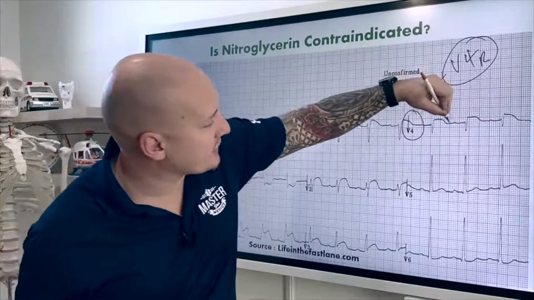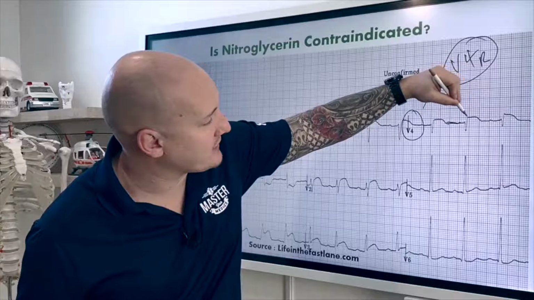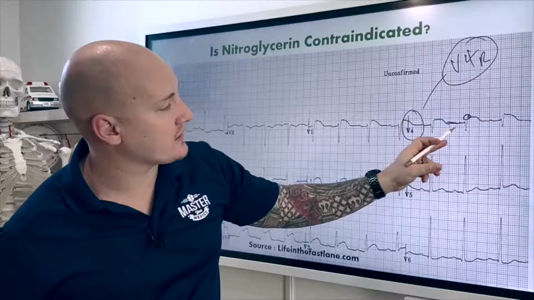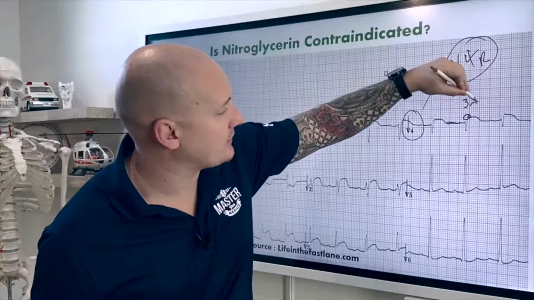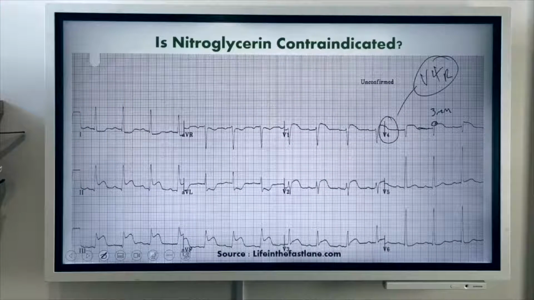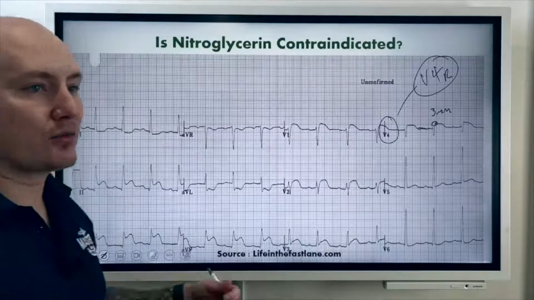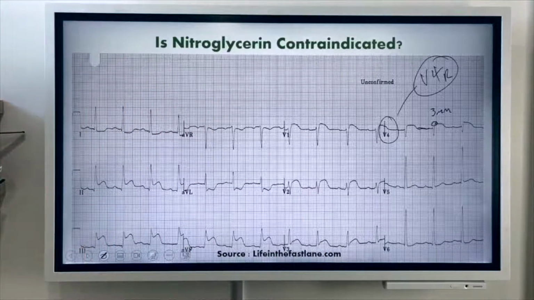So you can take the isoelectric line like we always do, and then we take our J point, and that's kind of way up here. So in this particular case, we are looking at about 3 mils of elevation there, suggestive of an ST elevation in V4R, confirming our right ventricular infarct or right ventricular involvement and muscular damage.